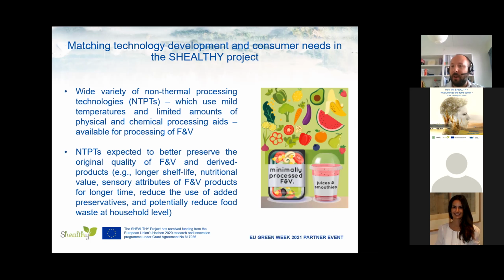And of course, there are already a lot of studies, or ongoing studies as well, that suggest that these methods are quite promising to better preserve the quality of fruit and vegetables, as well as derived products such as juices and smoothies. And these benefits relate to extending the shelf life, better retention of nutrients, and also having a sensory quality, so a taste and flavor profile, that is closer to the fresh products.